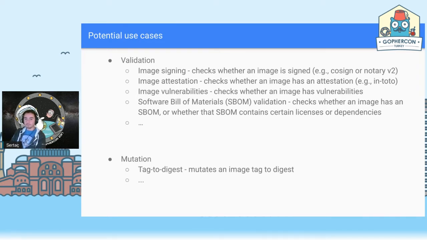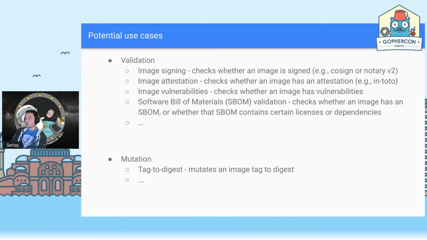Checking image vulnerabilities. This can be done with scanners like Trivy, Grype, or any other ones. So when you deploy a potentially vulnerable container, you get alerted right away that, hey, there are 5 critical vulnerabilities, for example, which we're going to see in the demo later on.